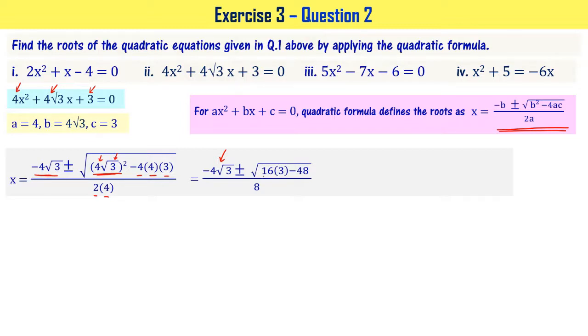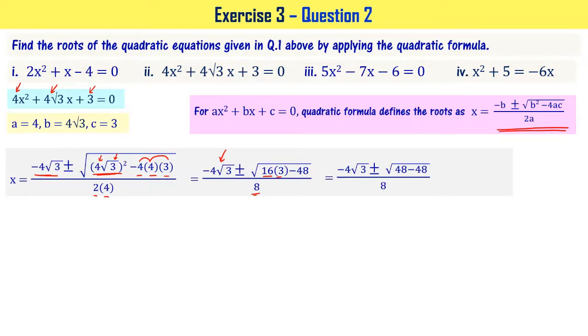That can be written as 16 times 3 minus 4 times 3, equal to 48, right? You have now 8 in the denominator. Let's simplify this further such that I can write it as minus 4 root 3 plus or minus root 48 minus 48 divided by 8.